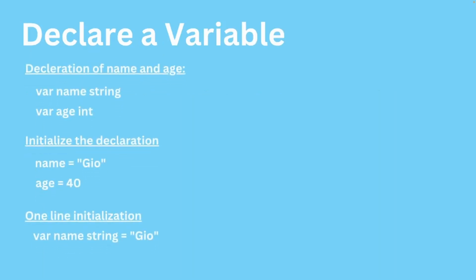Now, how to declare a variable in Go. You can see from the first line, it's fairly simple. You have the keyword var and the actual name under which we want to store that variable. We have two here: var name and var age. What we have to do after that is specify the type of that variable. String in Golang just means that it's a series of characters, so you can just think of text.